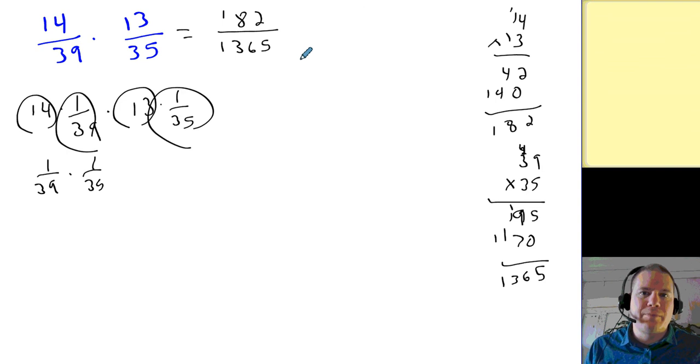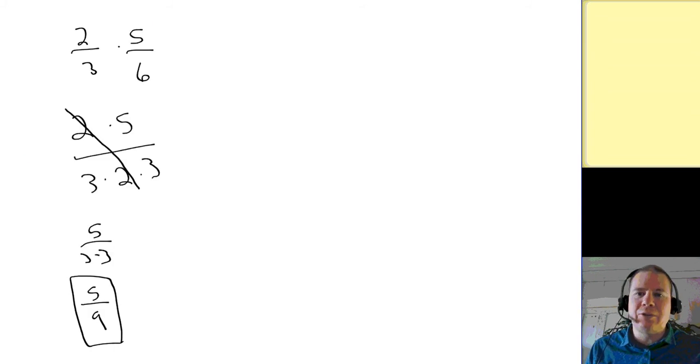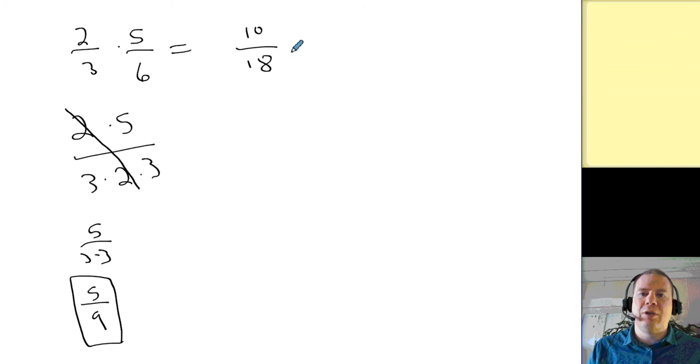is not my answer, because I now have to reduce this fraction. What does it mean to reduce a fraction? It means identifying from our previous problems these common factors, right? If I just multiply straight across, 2 times 5 is 10, 3 times 6 is 18, that's easy.